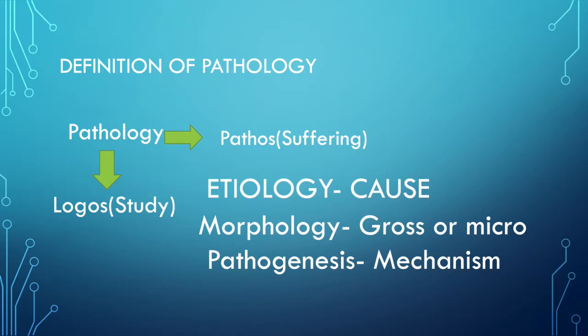And the third one is pathogenesis. What is the meaning of pathogenesis? The mechanism of how the disease happens is called pathogenesis. Etiology means cause, morphology means gross or microscopic examination, and pathogenesis means the mechanism of the disease.